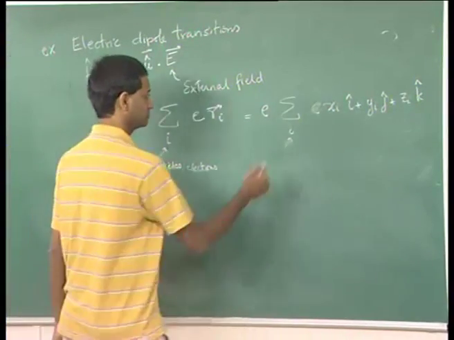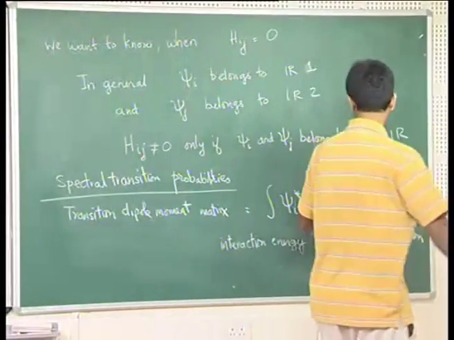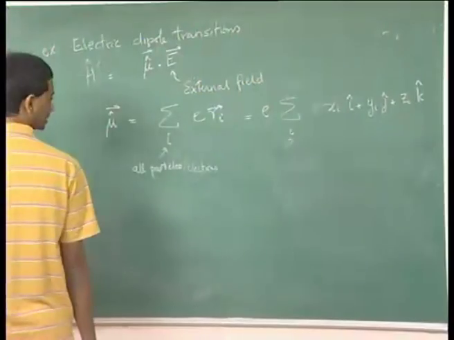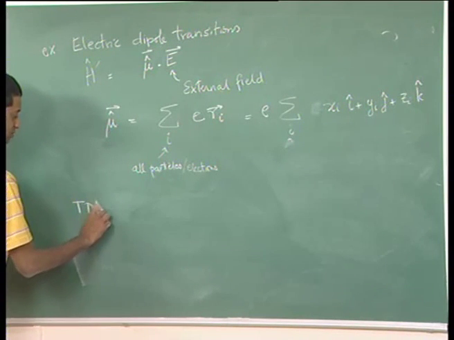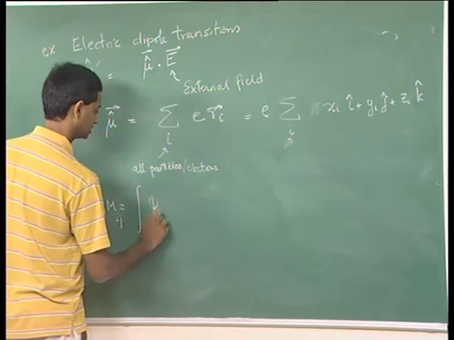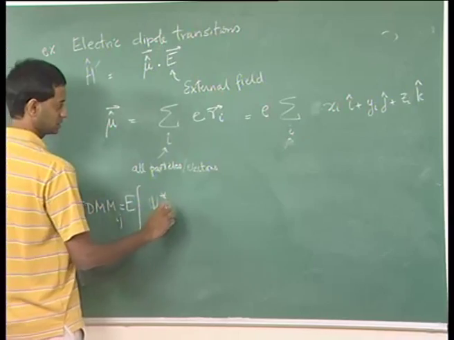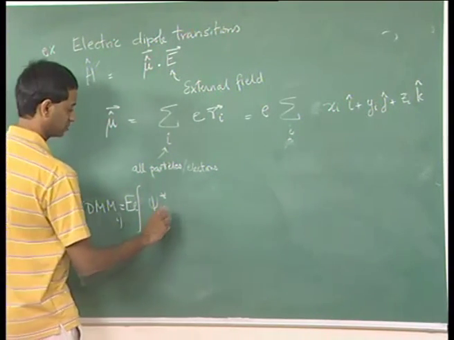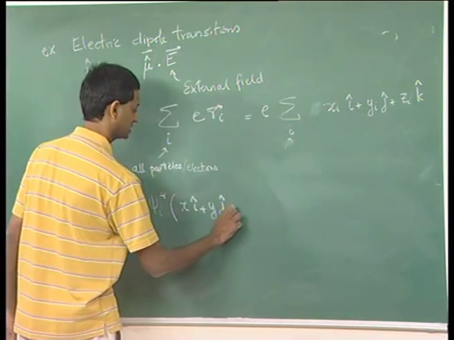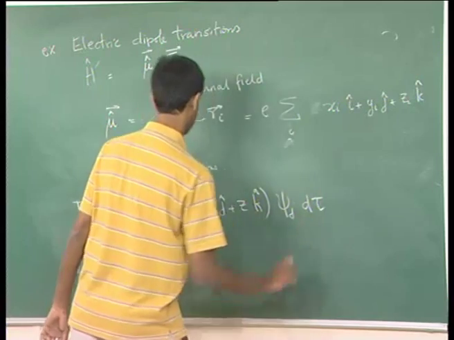Okay. And so this integral involving H prime, the transition dipole moment matrix, that will look like: the ijth element is the integral of psi i star, now you have little e, and what you have is x i hat plus y j hat plus z k hat, psi j d tau.